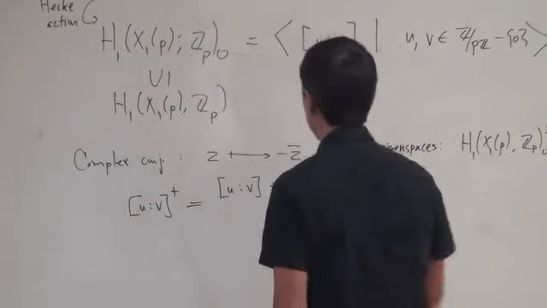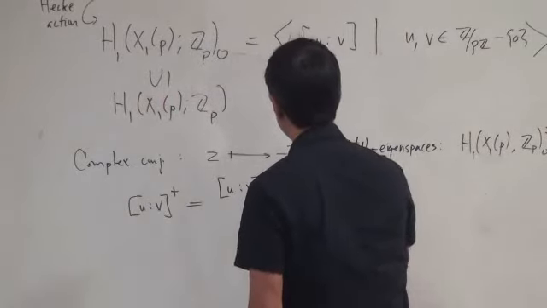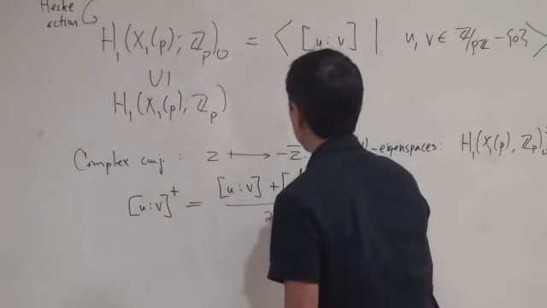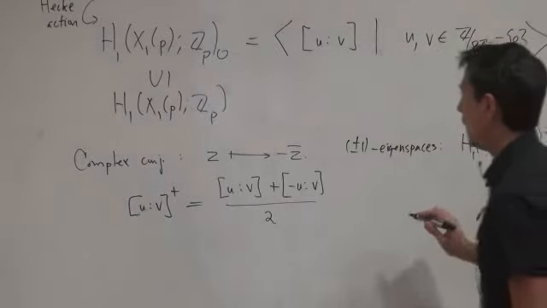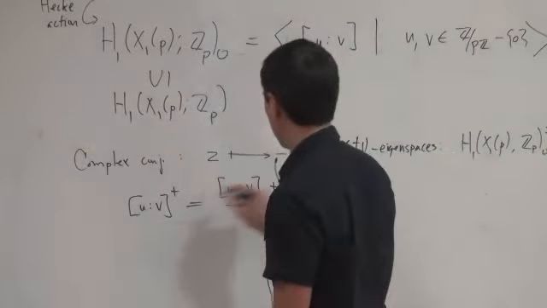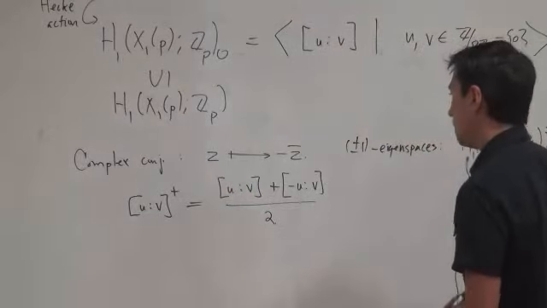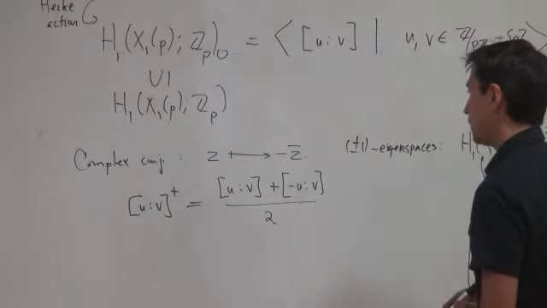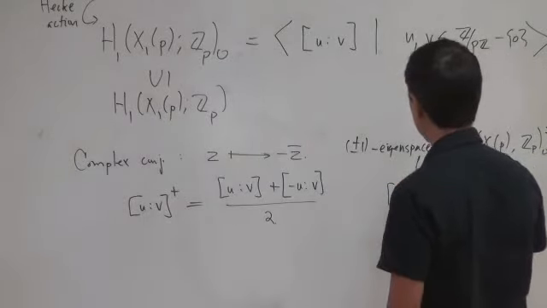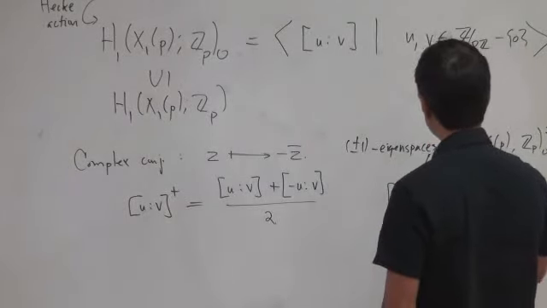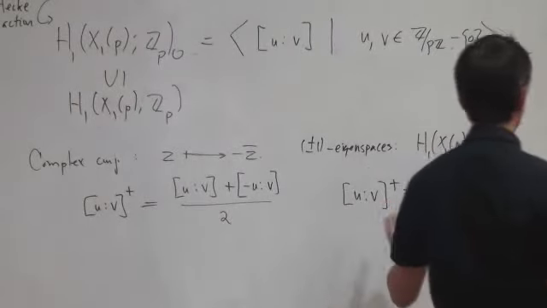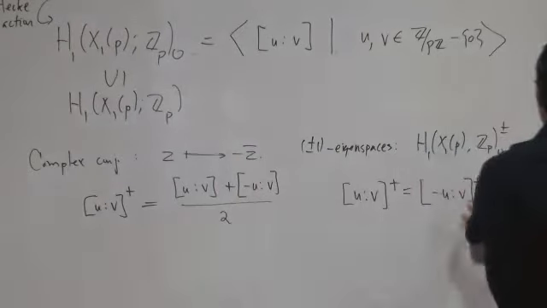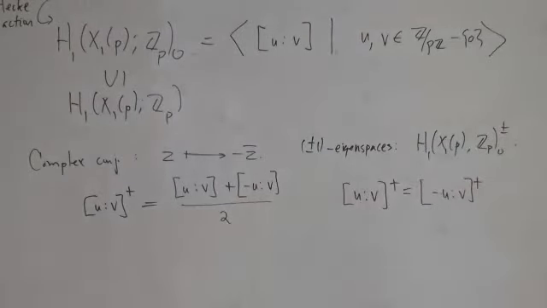I should say how it acts: on [u:v], it takes it to [-u:v], so the projection is ([u:v] + [-u:v])/2. This is in the plus part, and if I put minus, then it would be a minus here. Of course these satisfy one more relation, that [-u:v]^+ = [u:v]^+. So this group has a presentation with this relation and these relations here with pluses.